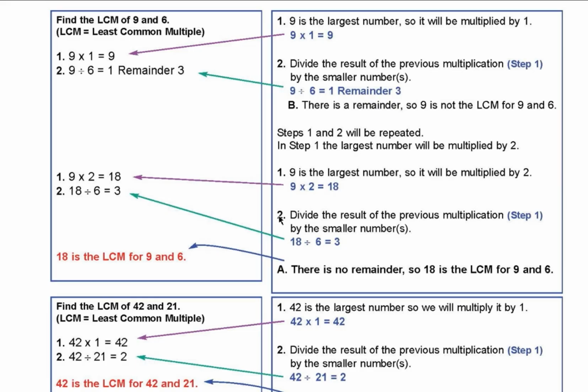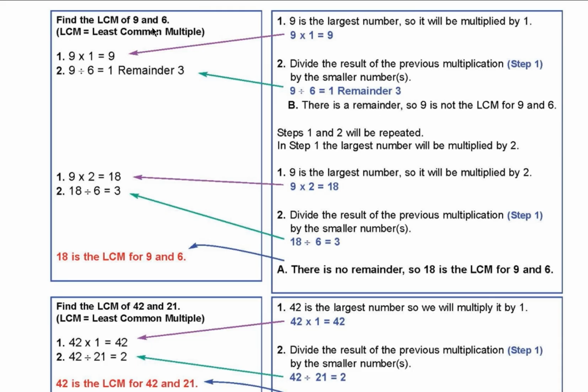Step 2, divide the result of the previous multiplication by the smaller number. The result of the previous multiplication is 18. The smaller number is 6.